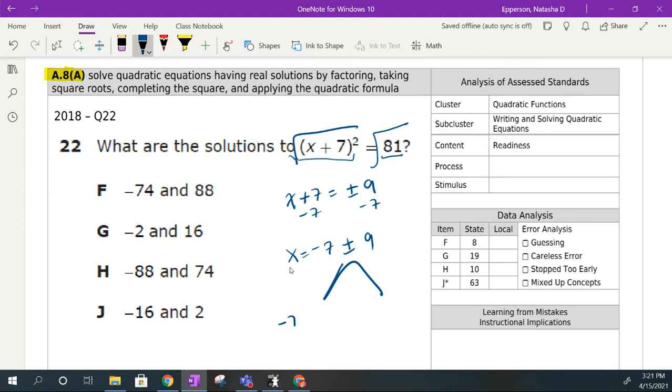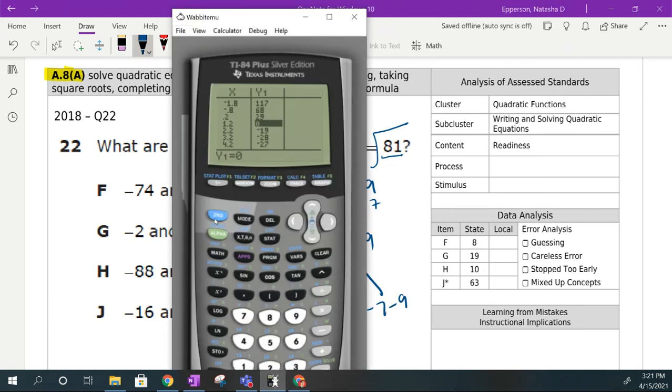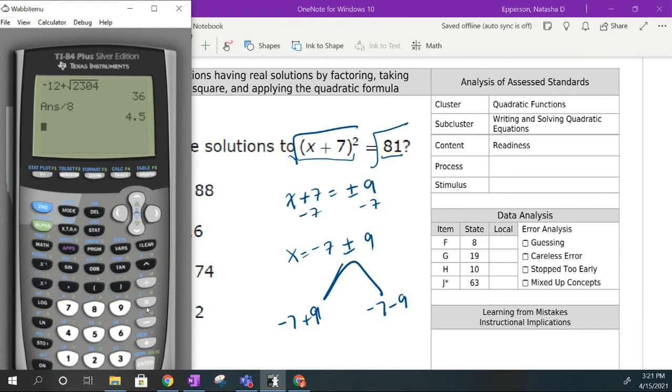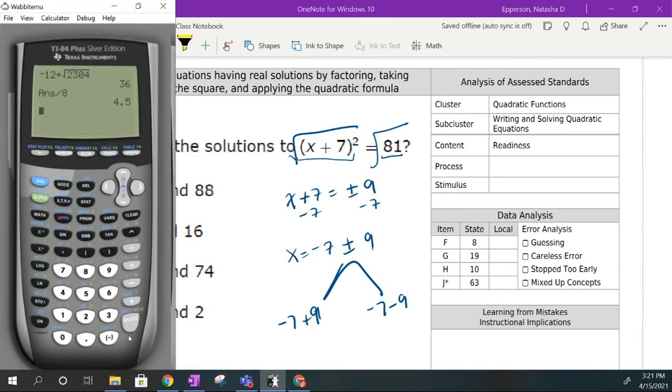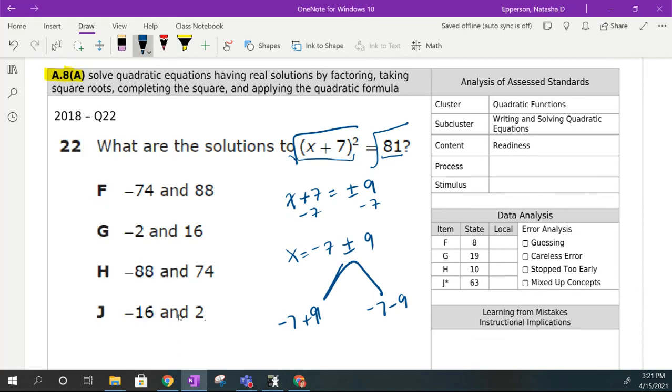That means my answer is either negative 7 plus 9 or negative 7 minus 9. Second quit. Negative 7 plus 9 gives me 2. This is the only one that has a positive 2. Negative 7 minus 9 gives me negative 16. J is our answer.